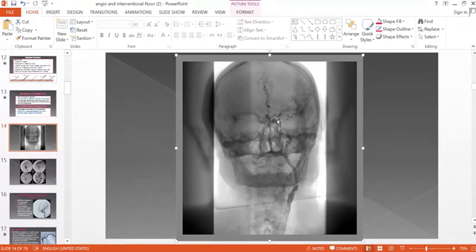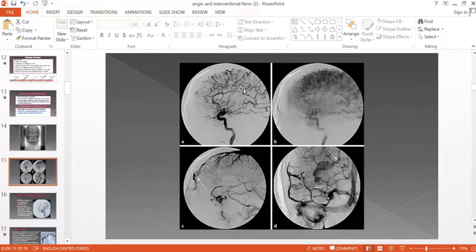In DSA, you will have a pre-contrast, pre-injection image, and after injection, you will subtract the two images digitally, and what you get is only visualization of the arteries. So you see here the faint background of bones no longer visible. This will give you higher resolution images and better detection of lesions, and also allows the use of less contrast medium.